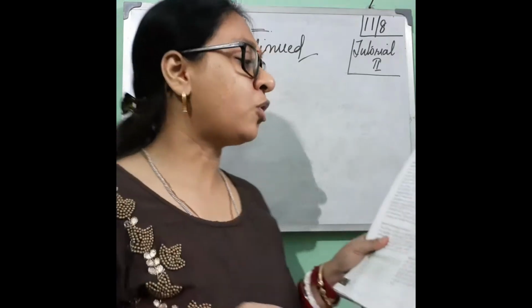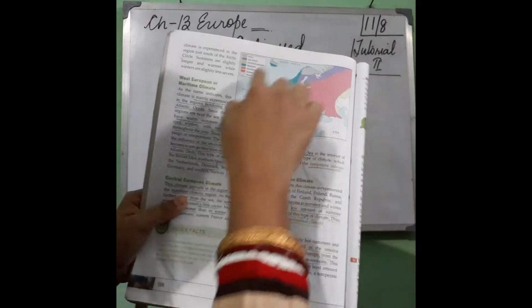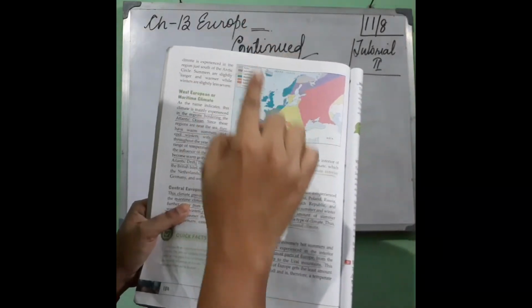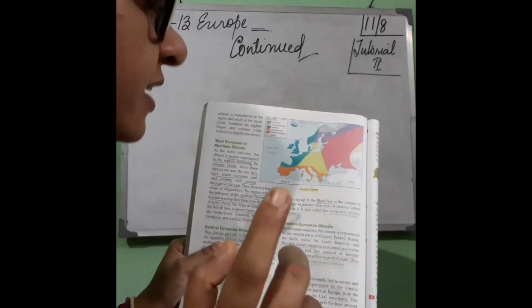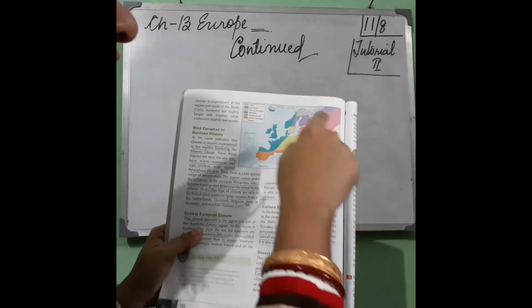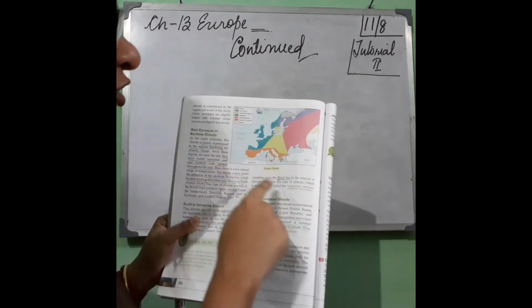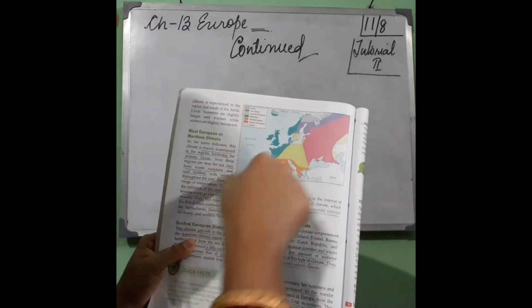Now students, I will advise you that when you are reading through the climatic regions portion, just have a look at this map on page number 104. Why? Because the map gives a brief explanation of the climatic regions of Europe with coloring.